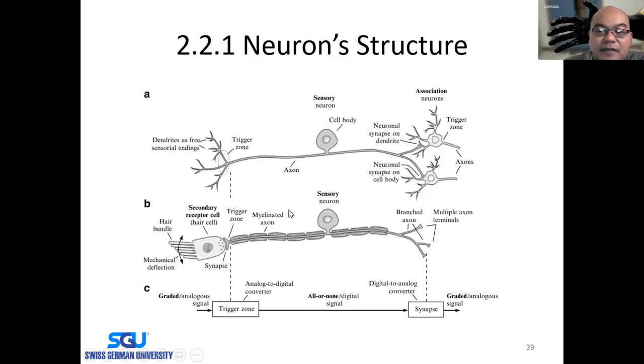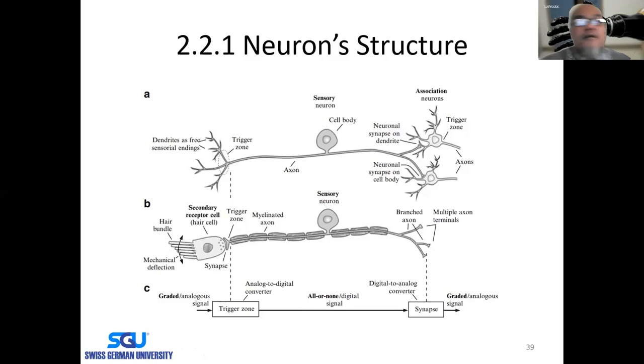B here is when that sensory neuron is connected to a secondary receptor cell. This is a hair cell. A hair cell is usually located in your ear, where it has this hair bundle, which upon mechanical deflection due to the vibration of the tympanic membrane inside our ear, will deflect, and upon deflection, it will open the voltage-gated ion channel.